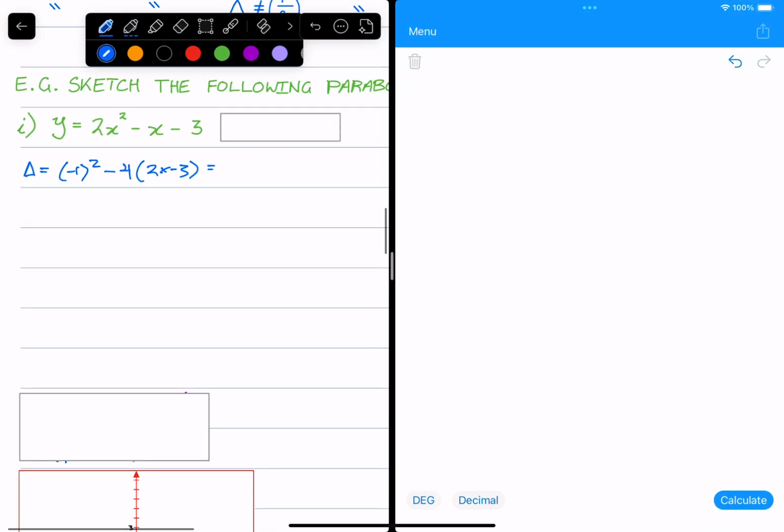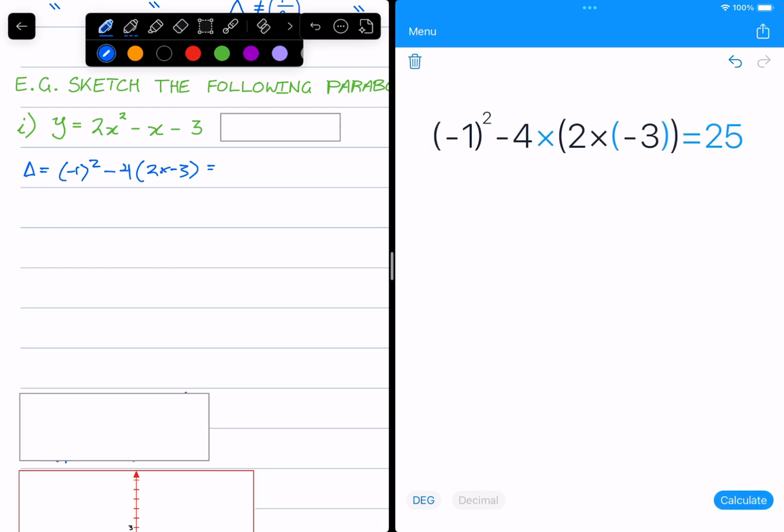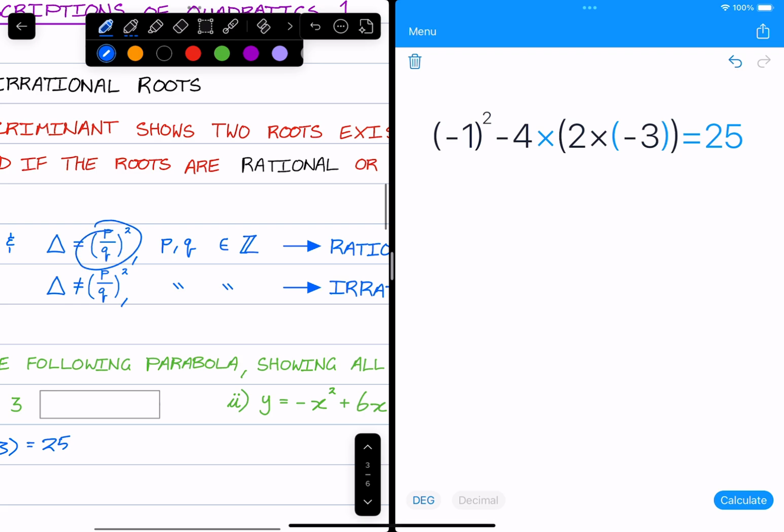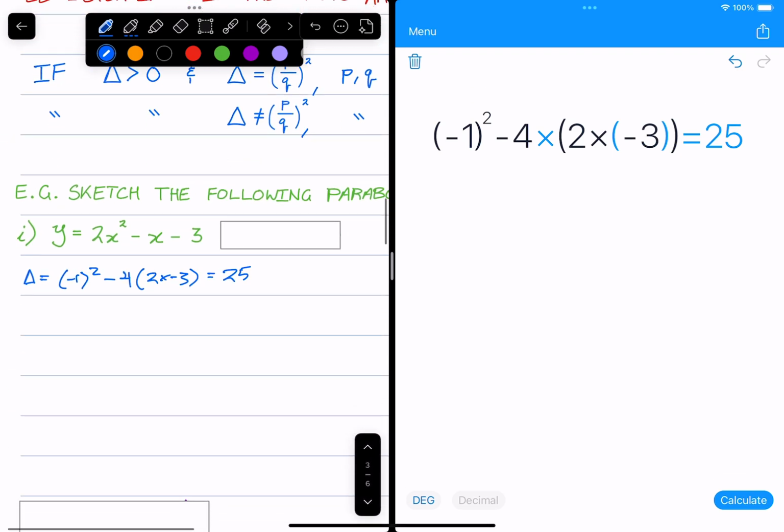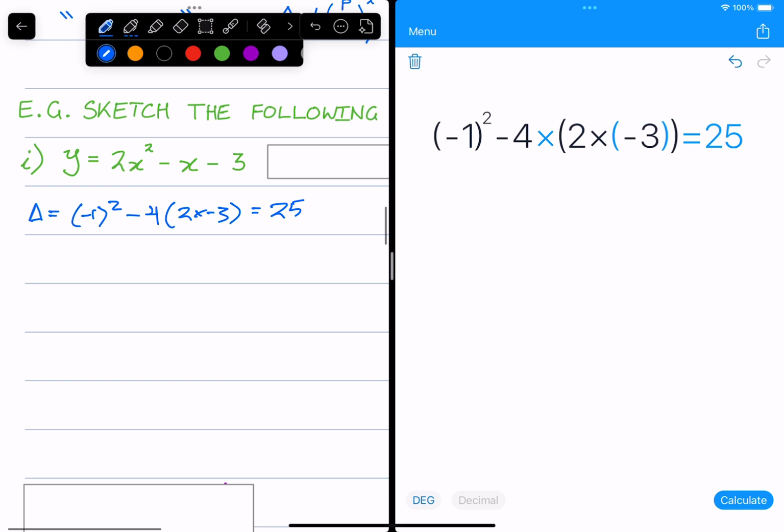Plugging this into your calculator, it comes out as 25. Now notice, because delta is a perfect square, it is of this form, that will give us a rational root.